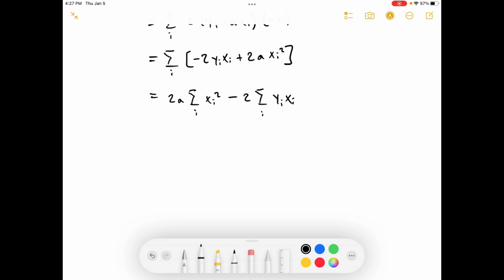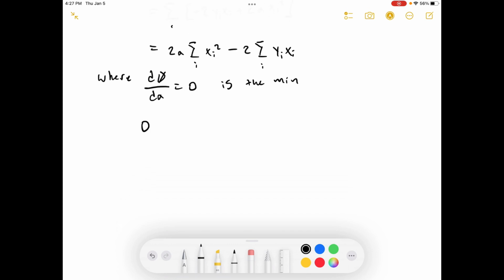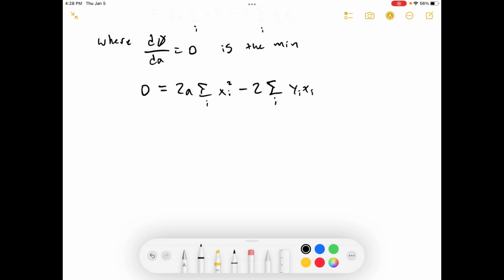Now we need to find out where this is at a minimum. Where this equals 0 is the minimum. So let's find where that equals 0. We can move this negative term over to the other side.